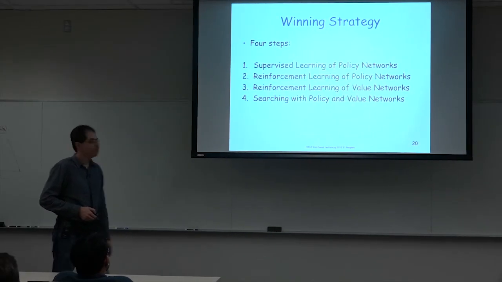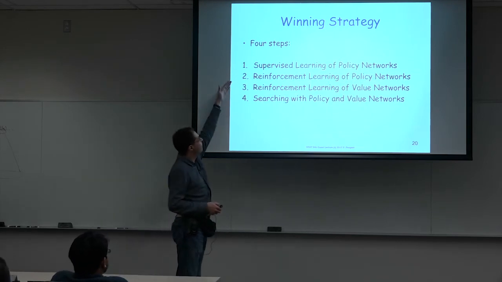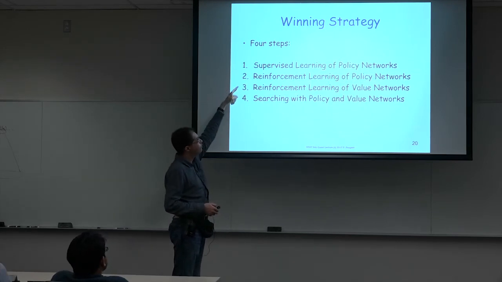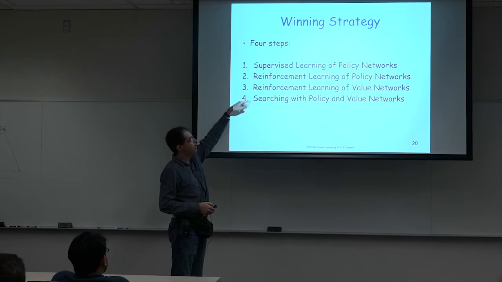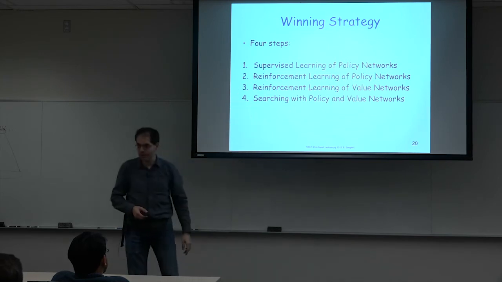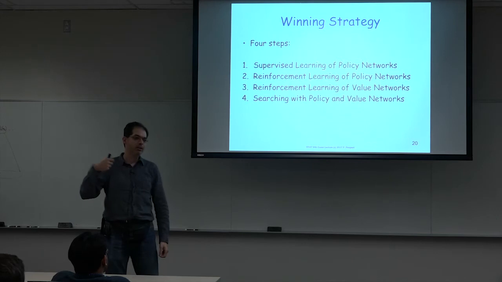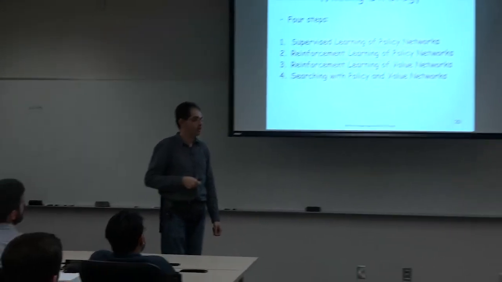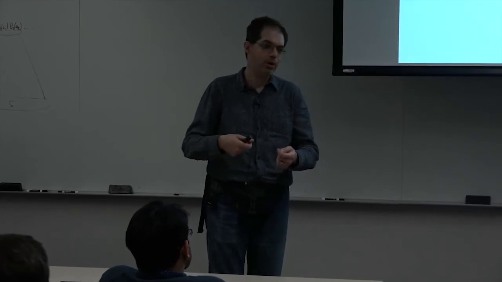Okay, so how did it do this? The strategy had 4 steps. First, they used supervised learning to train some policy networks to imitate the professional players. But just imitating the professional players does not mean that you're going to beat them.